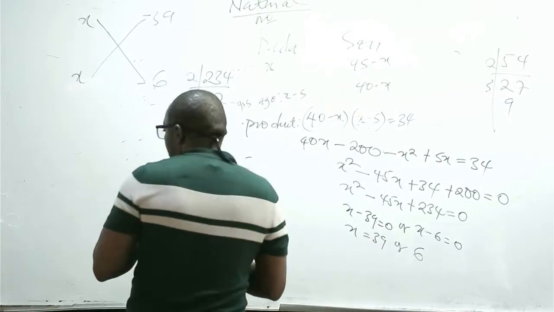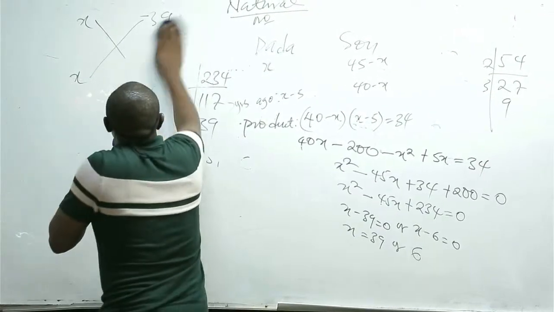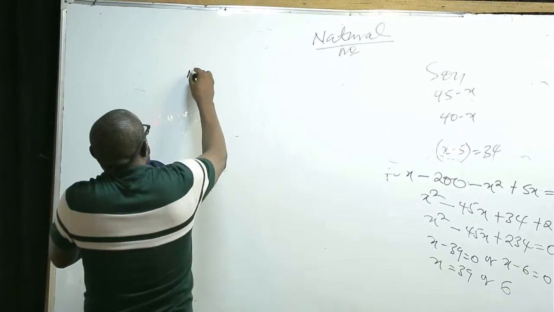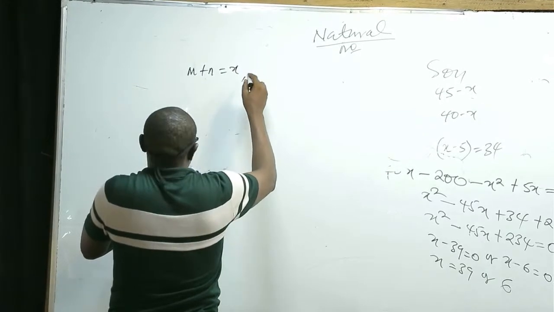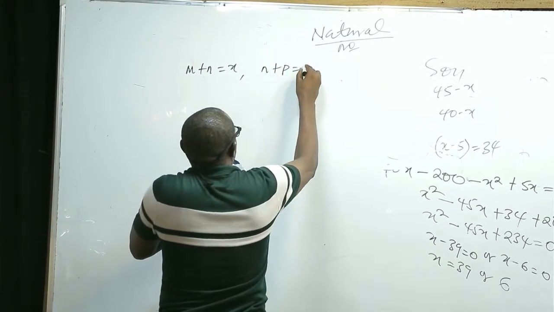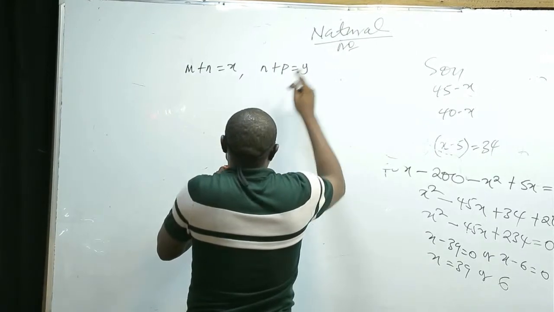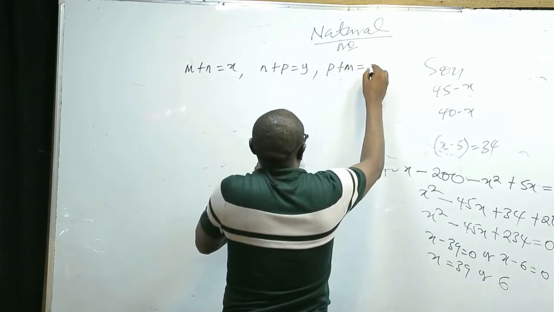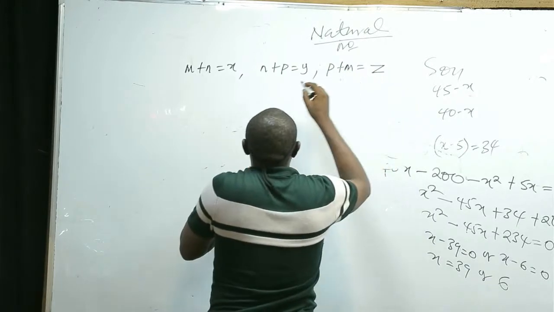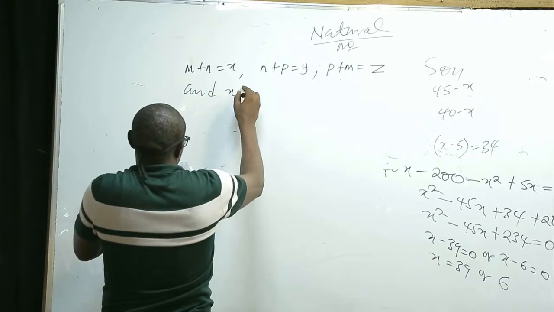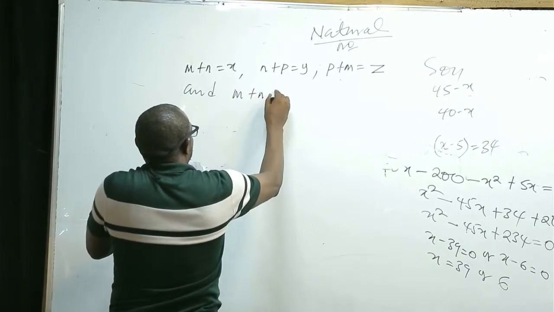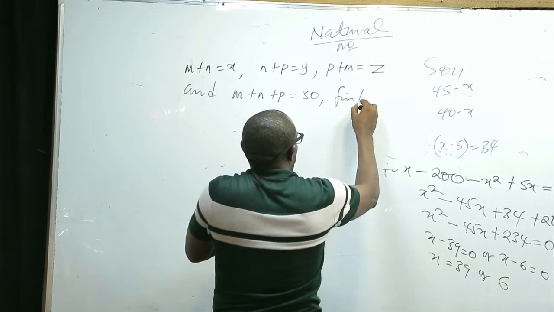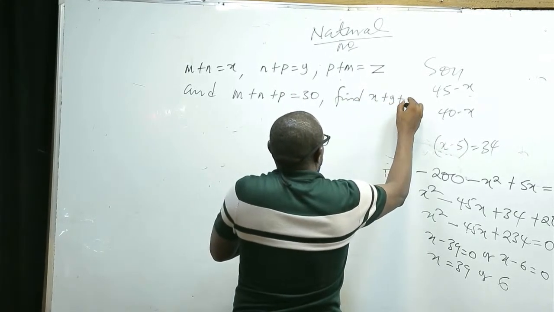The next question: if m plus n equals x, n plus p equals y, p plus m equals z, and m plus n plus p equals 30, find x plus y plus z.